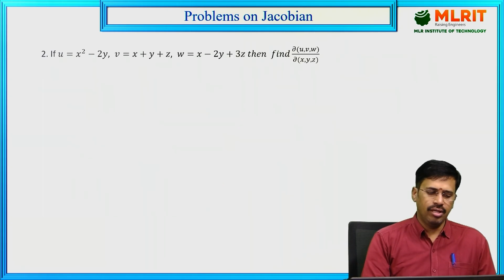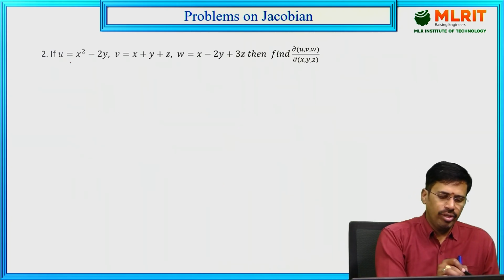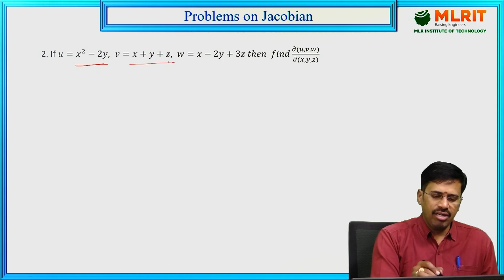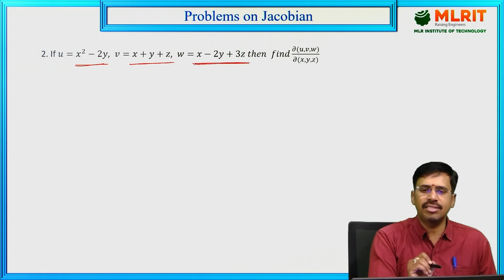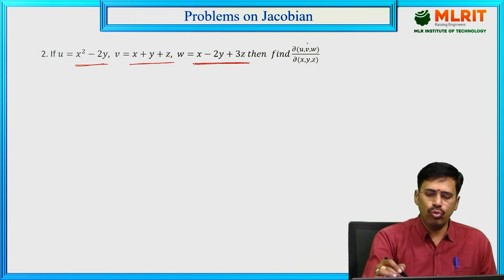Next, u is equal to x square minus 2y, v is equal to x plus y plus z, and w is equal to x minus 2y plus 3z. Then he's asking to find the Jacobian of u, v, w with respect to x, y, z.